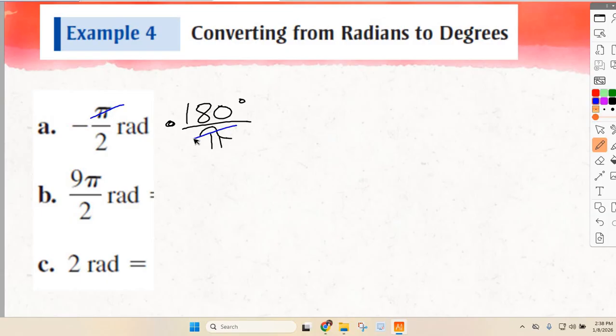And so then again, we're just reducing a fraction. So I have 180 degrees over 2, which is also what? How many times does 2 go into 180? 90. Again, we have a negative. So I just need to carry my negative across. So I get negative 90 degrees.